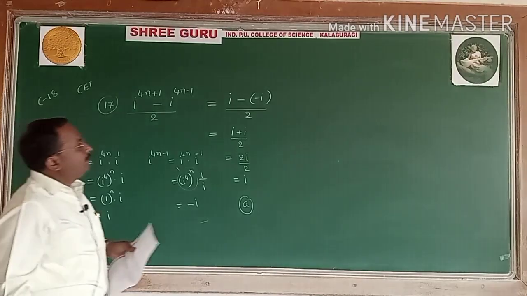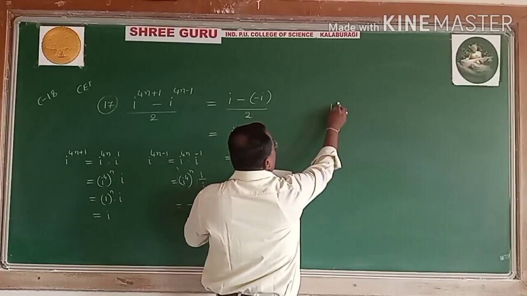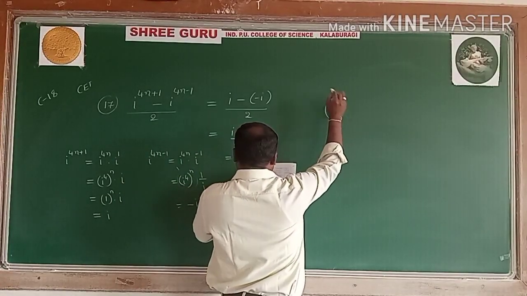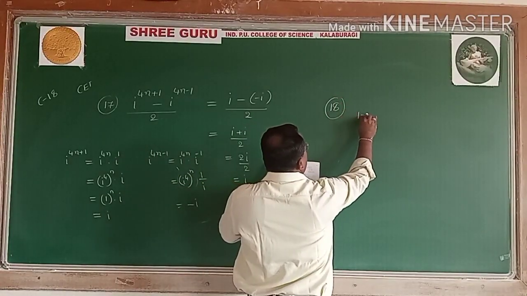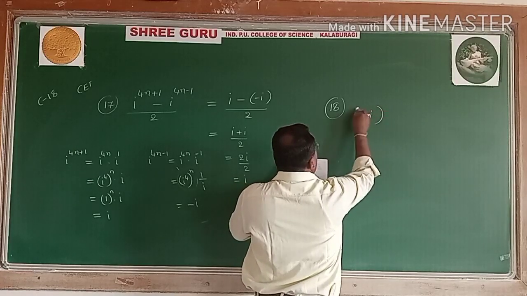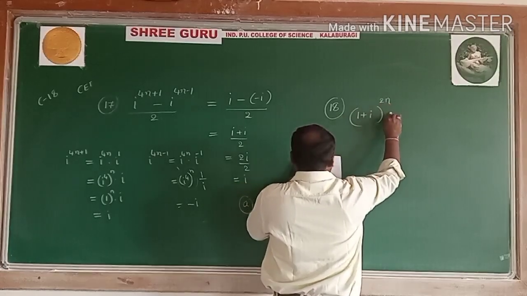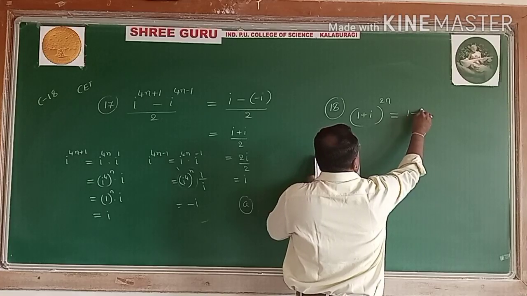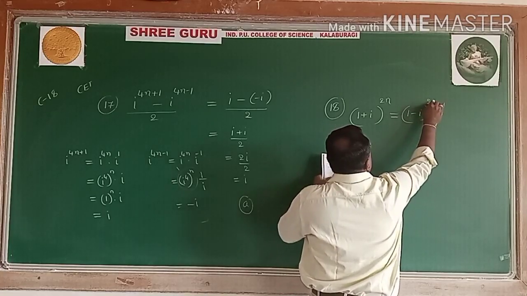Next, example number 18. That is 1 plus i whole power 2n is equal to 1 minus i whole power 2n.